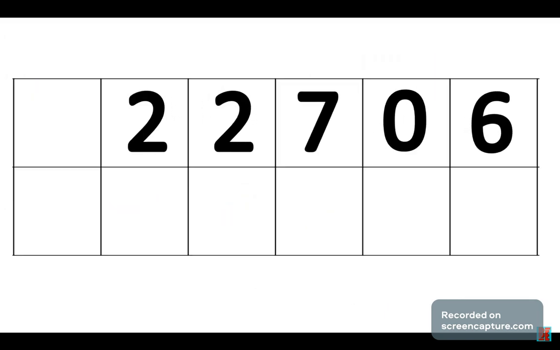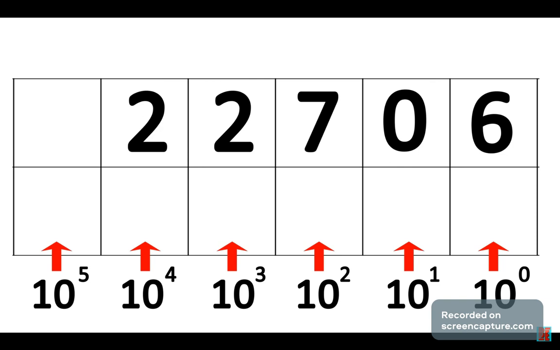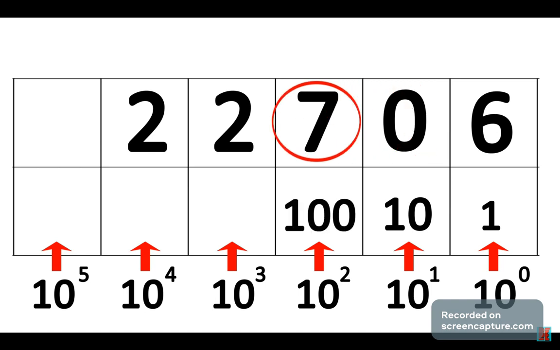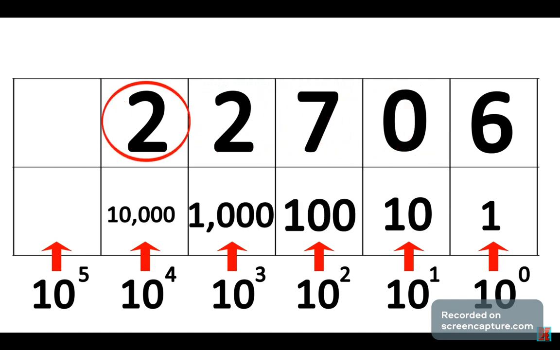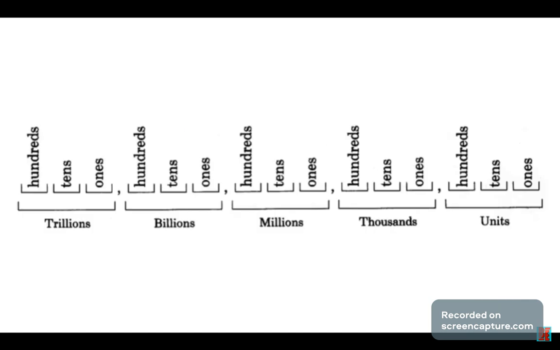Because in this system we add a new digit every 10 things, each digit represents an increasing power of 10. This is the number of ones we have, the number of tens, the number of hundreds, the number of thousands, and so on. Now this is probably something you already know, but it's very important to keep it in mind when we talk about binary.